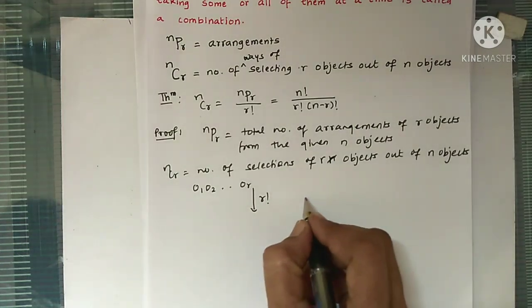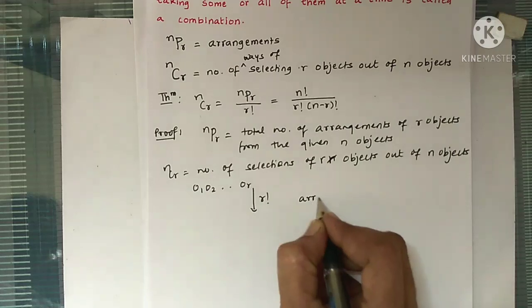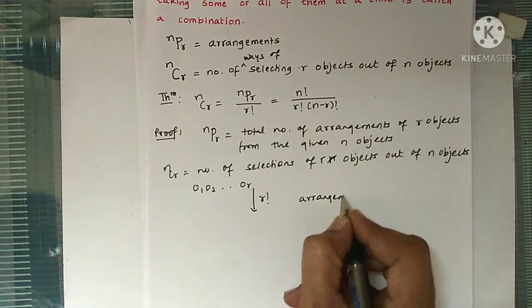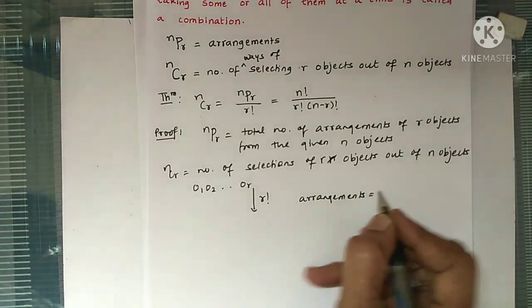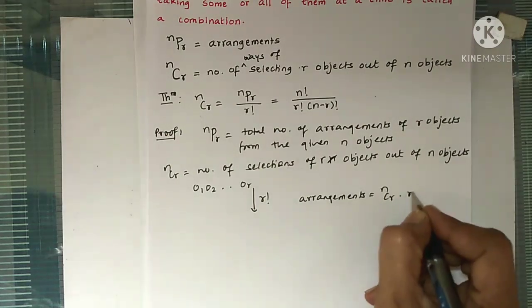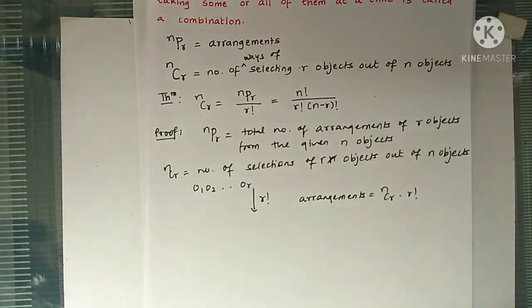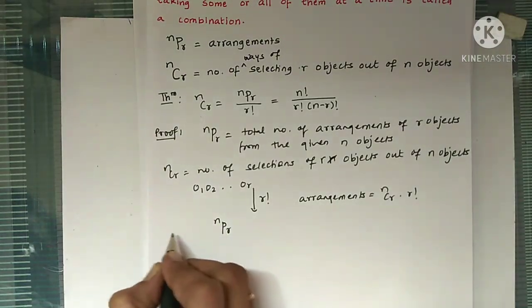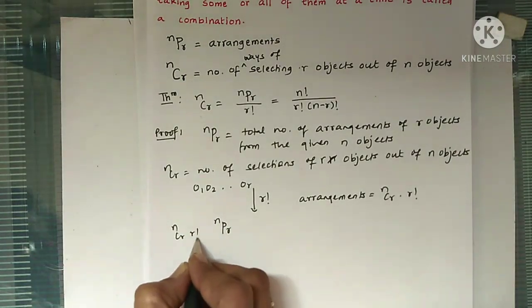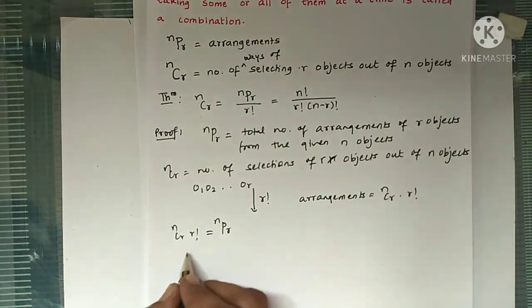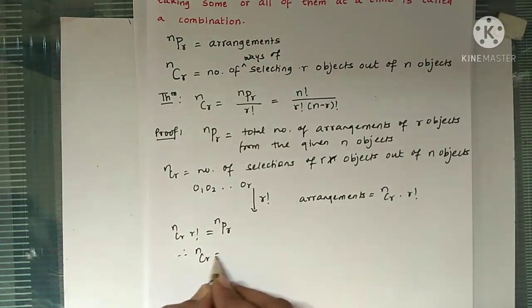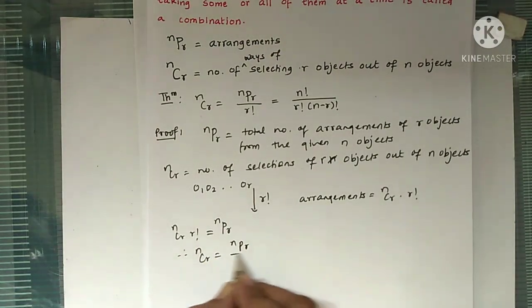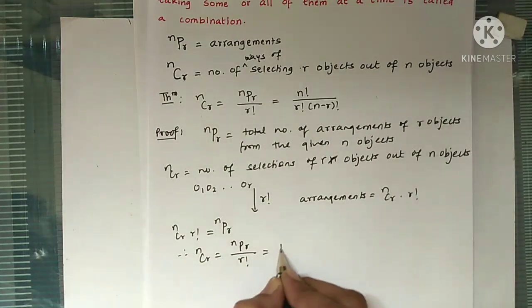So the total number of arrangements is equal to nCr multiplied by r factorial. But the total number of arrangements is nPr. So nCr into r factorial equals nPr. Therefore nCr is equal to nPr upon r factorial.